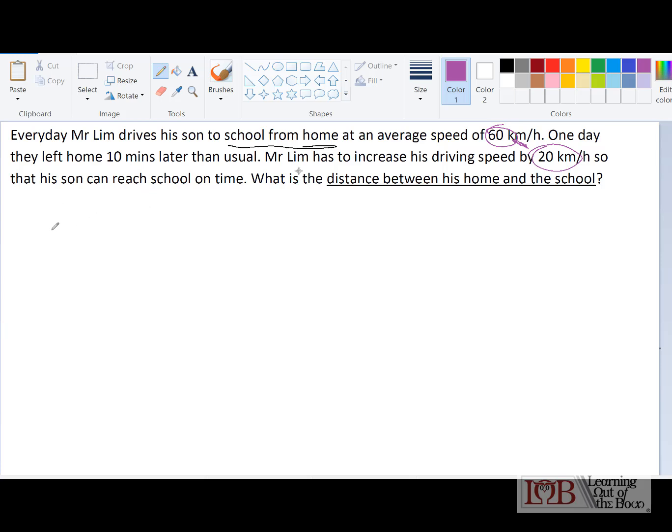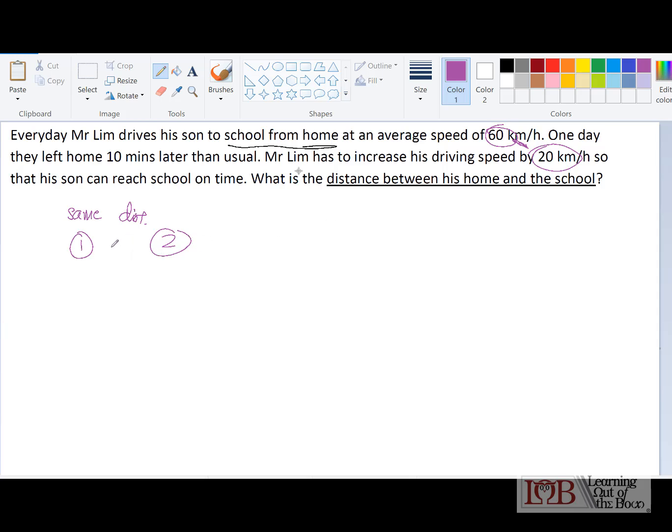So we know that also in this case is under same distance. Okay, same distance. So in scenario 1, before Mr. Lim drove faster, and in scenario 2 is when Mr. Lim drove even faster.